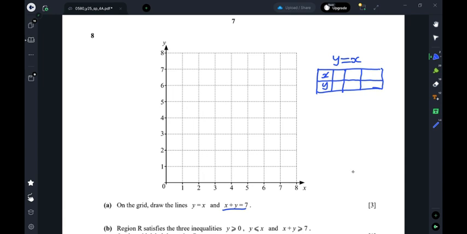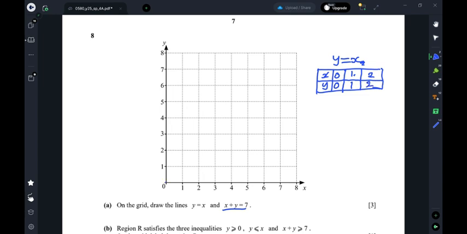So the first assumption is if x is 0, what is the value of y? What if x becomes 1? And what if x becomes 2? So when x is 0, y is 0. And when x is 1, when I put 1 for x, y is also 1. When I put x as 2, y is also 2.